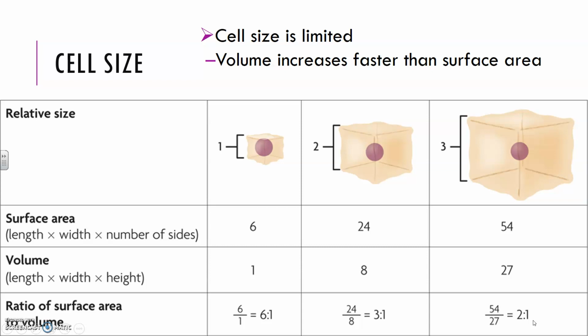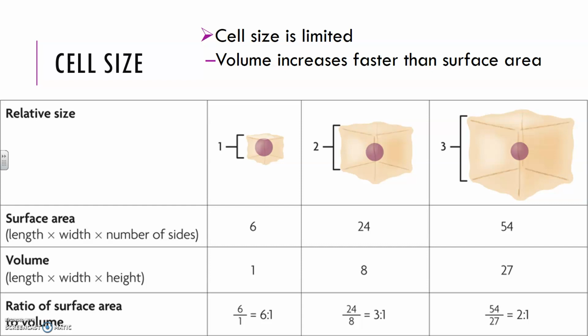So you can see that volume is actually increasing by a cube, and the surface area isn't actually increasing that much, comparatively at least. All right, so we went from 1 to 8 to 27, whereas with surface area we went from 6 to 24 to 54.